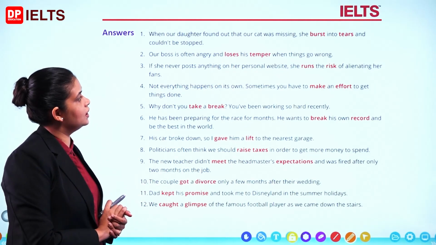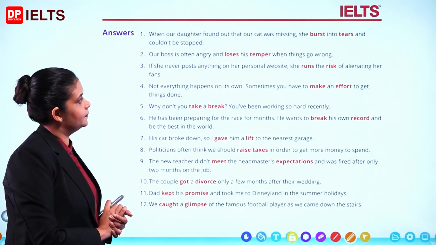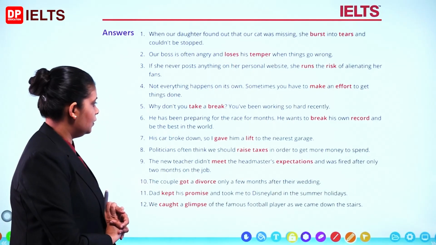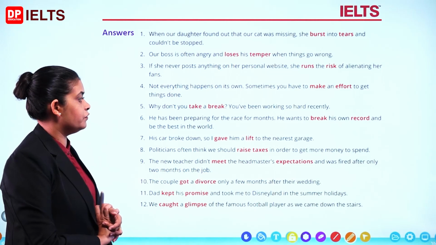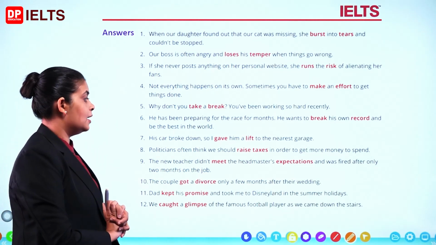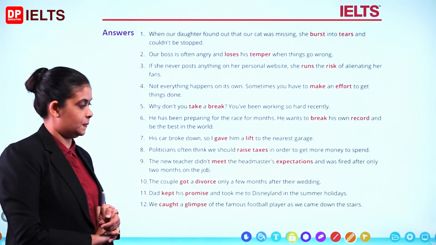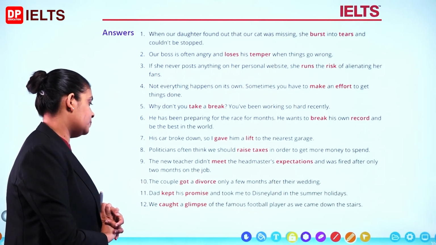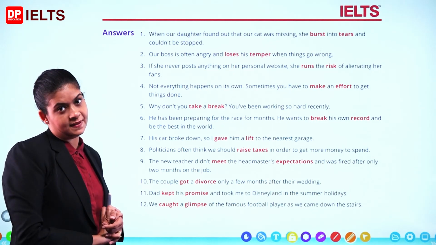And here are your answers. Runs the risk, make an effort, take a break, his own record, gave him a lift, raise taxes, meet the headmaster's expectations, got a divorce, kept his promise, caught a glimpse.